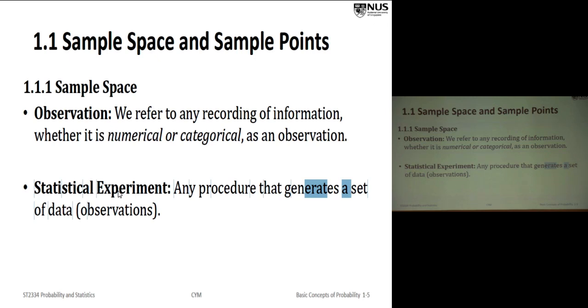What we mean by this is some sort of physical or computational experiment where the underlying outcome is intrinsically non-deterministic. I don't know what's going to happen. For example, the most obvious example is rolling a die or flipping a coin or something like that.